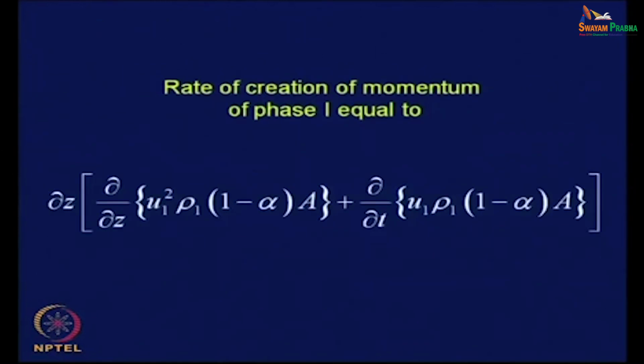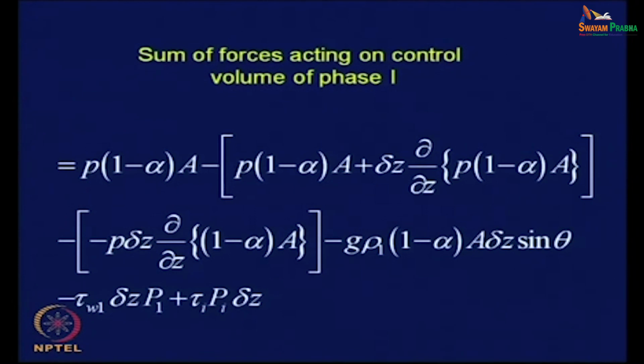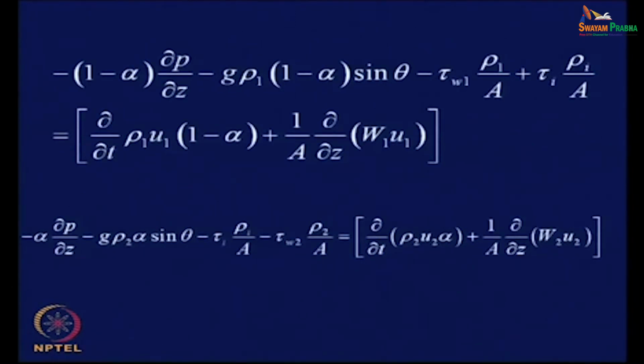I think it is already written down, so I will not bother to write it down once more. If you see the PPTs, more or less, the rate of creation of momentum of phase 1 equals the sum of forces acting on phase 1. You add it up, you get something of this sort. Then for phase 2 also you can have a similar type of equation.